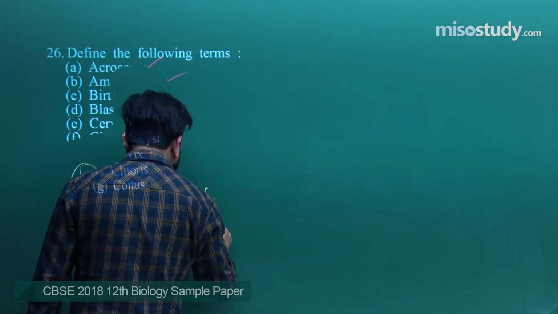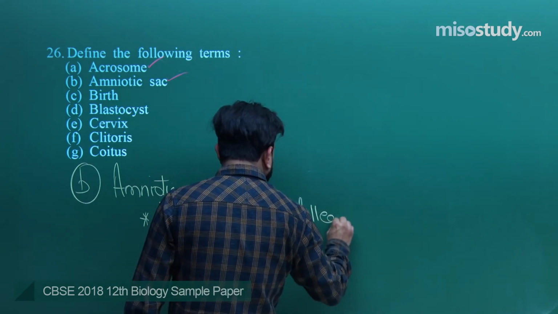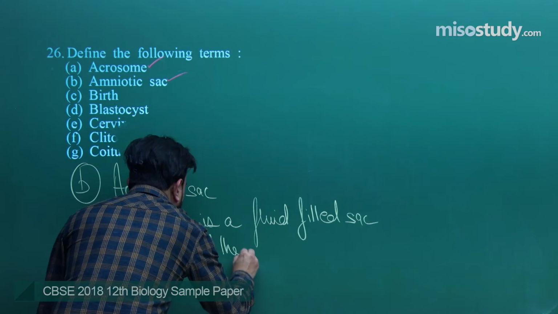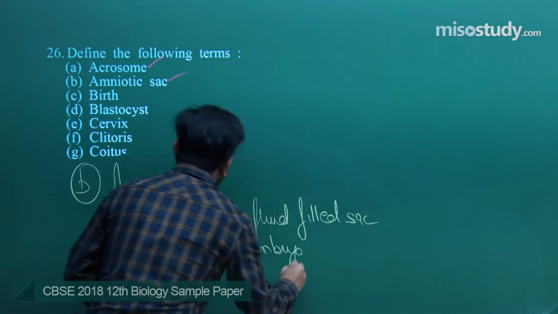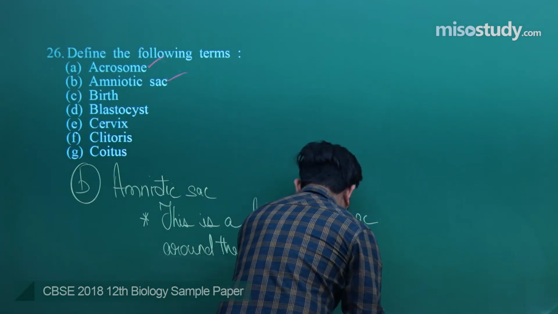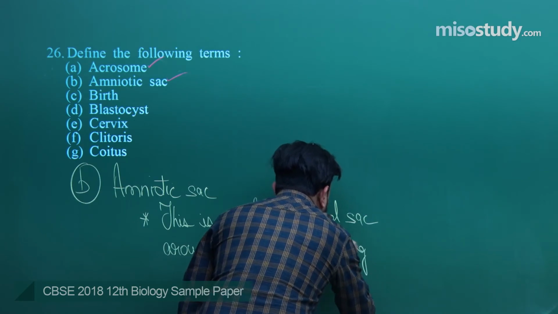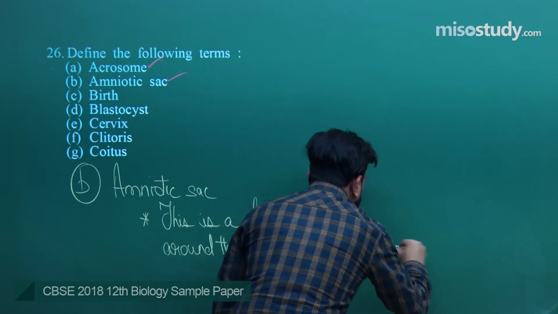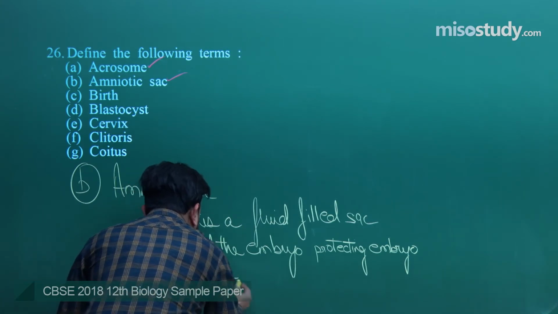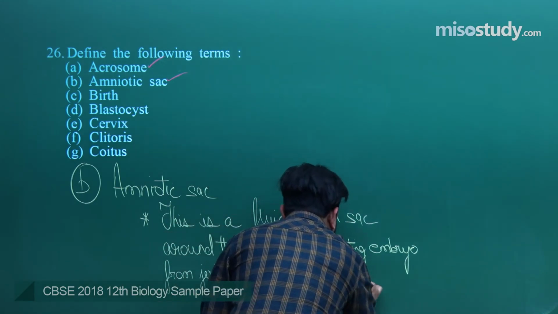This is a fluid filled sac around the embryo, protecting the embryo from jerks and acting like a cushion.